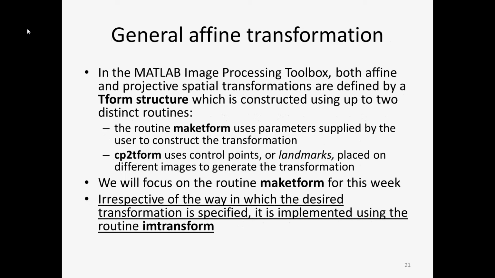Otherwise, if the transformation you want to operate on the image is not supported as a function on its own, or you want to make your own customized shearing or stretching because you're doing some specific job, then MATLAB allows you to do that using the routine make_t4, which basically means make your own transformation.